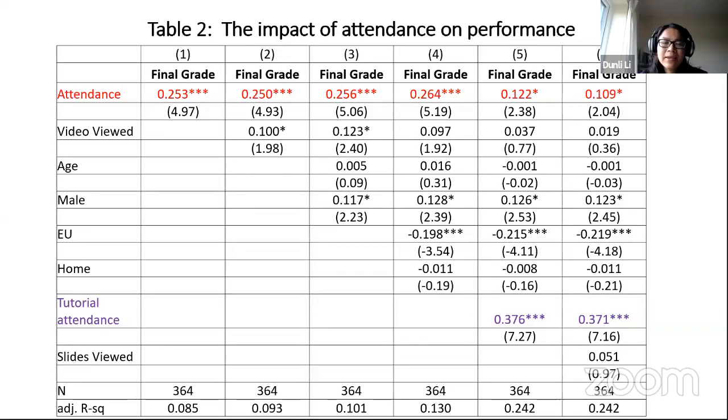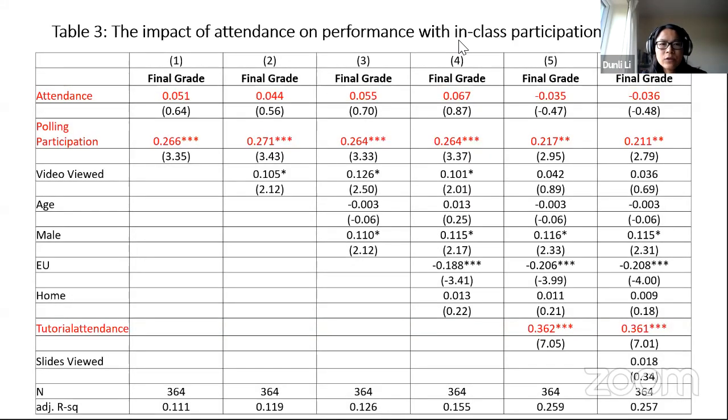In order to investigate the role of in-class participation, we rerun this set of regressions with polling participation included, and the results are presented in the next table. And it's very interesting to note that after we control for polling participation, the effect of attendance, as shown in this first row, becomes insignificant.